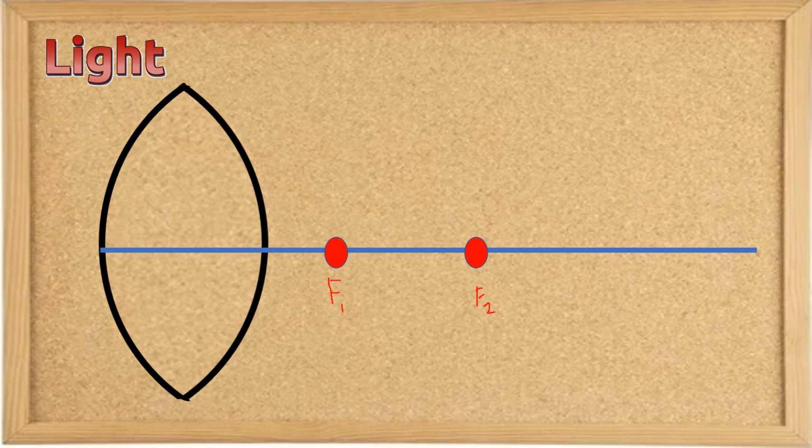Also, we are going to divide the lens sideways. So this is what I'm talking about, your principal axis. Okay, so this is my principal axis. In your principal axis, that is where the light will bend.